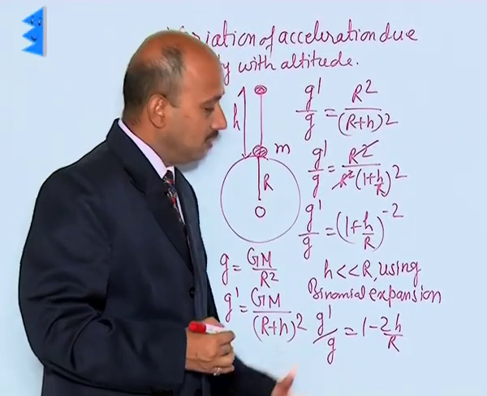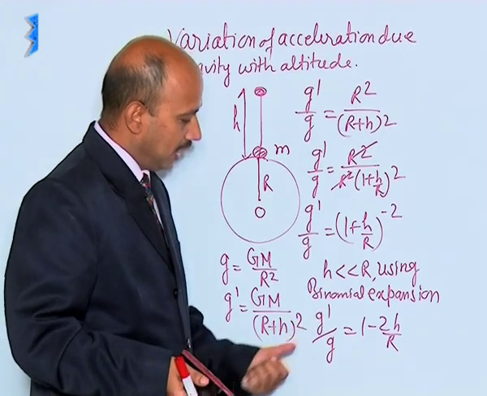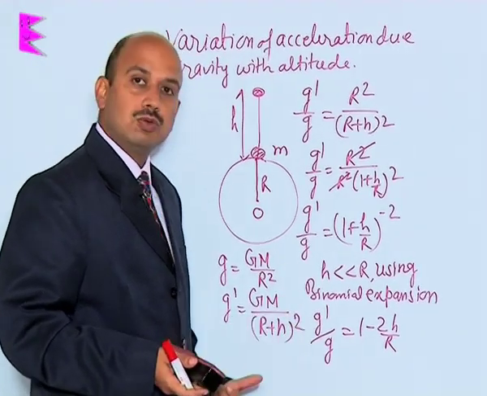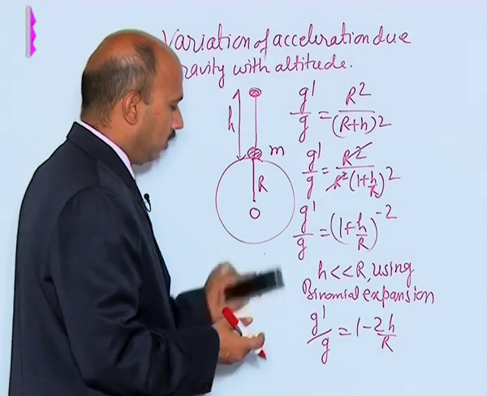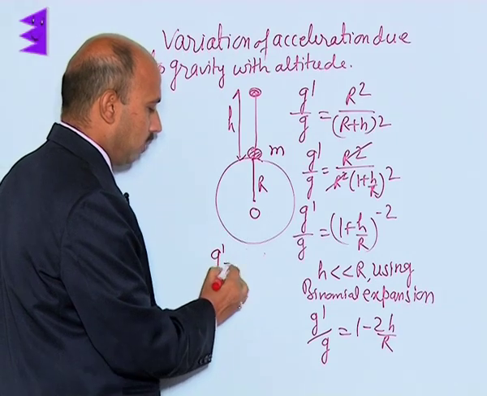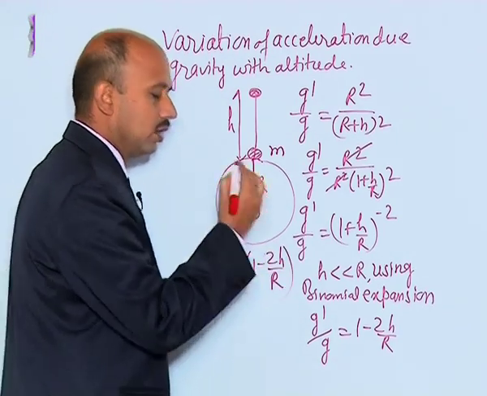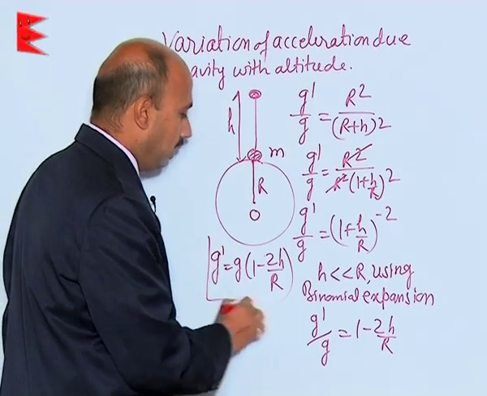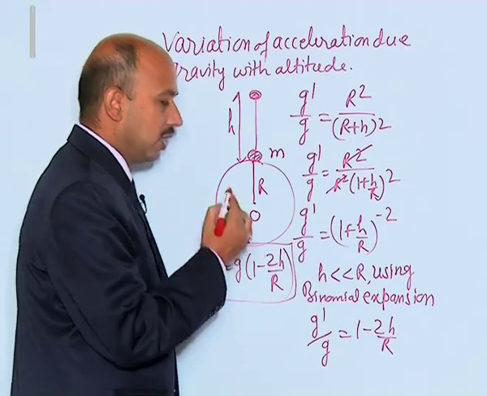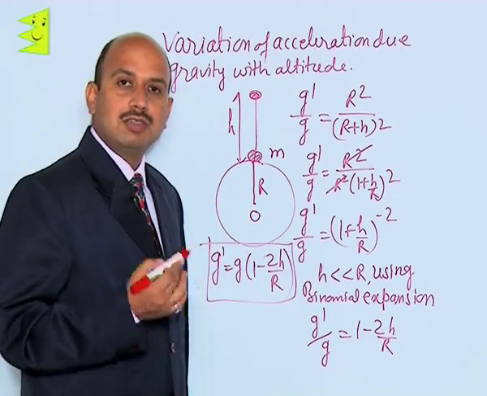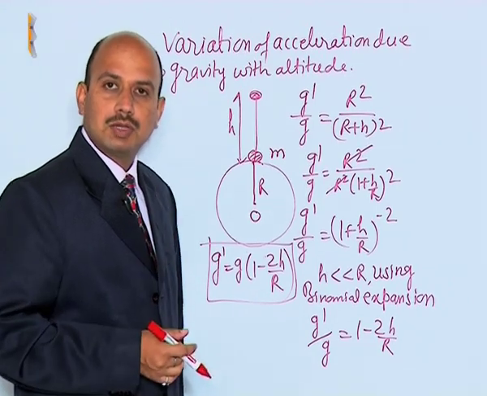So this is the expression for g dash upon g, where g dash is the acceleration due to gravity at height h. We can write the formula as g dash is equal to g into 1 minus 2h upon r. So when we are going up, the acceleration due to gravity is given by this expression. It means acceleration due to gravity decreases as we go up from the surface of the earth.